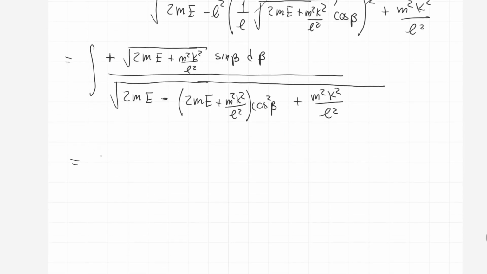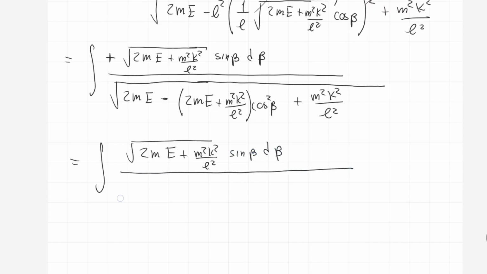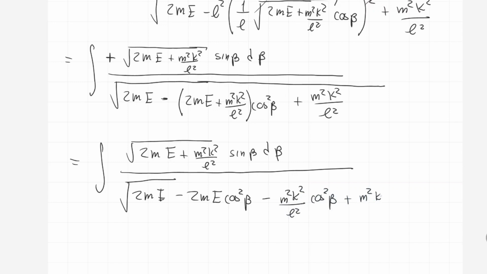If we rewrite this, it is the integral of the square root of 2me plus m squared k squared over L squared sine beta d beta, all over the square root of 2me minus 2me cosine squared beta minus m squared k squared over L squared cosine squared beta plus m squared k squared over L squared.